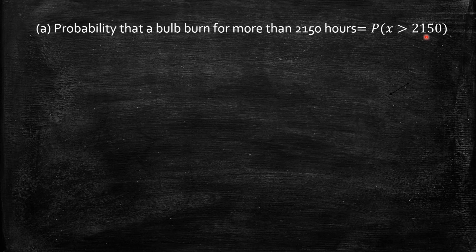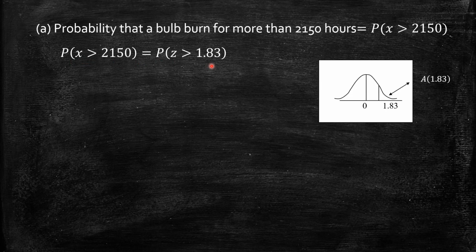When x equals 2150, z becomes 2150 minus 2040 by 60, which is 1.83. So the probability of x greater than 2150 is equal to the probability of z greater than 1.83. We identify that region, the area under the standard normal curve from 1.83 to infinity.